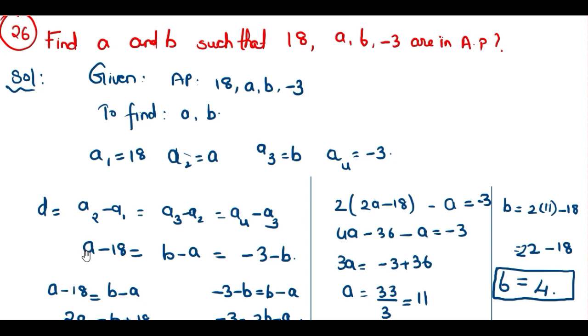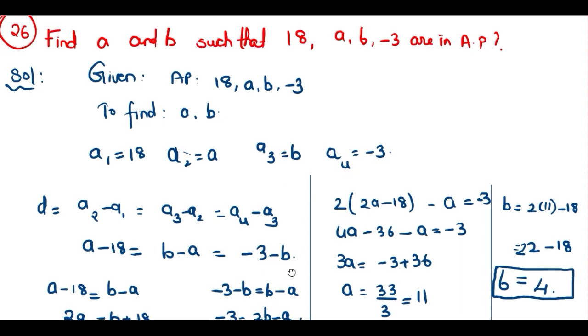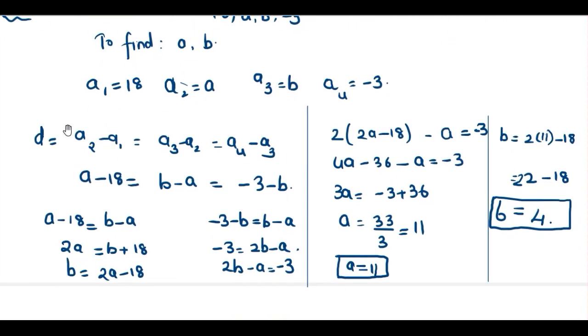So a2 minus a1 is a minus 18, then a3 minus a2 is nothing but b minus a, and a4 minus a3 is nothing but minus 3 minus b. Because these are all equal to each other as they represent the common difference, we can equate each of them.